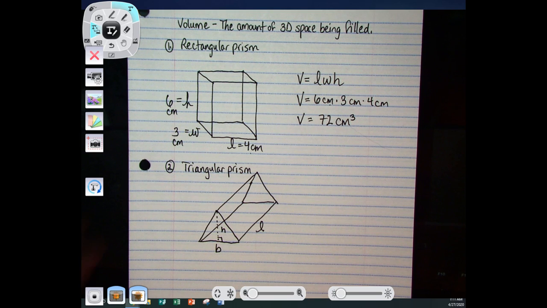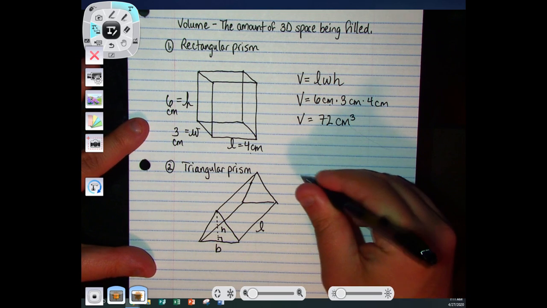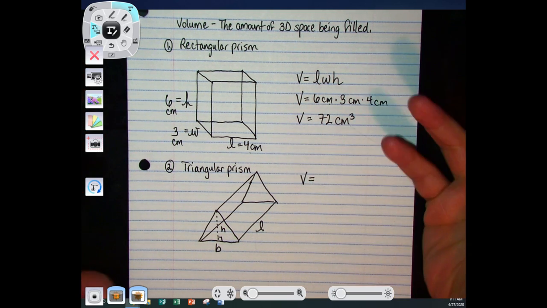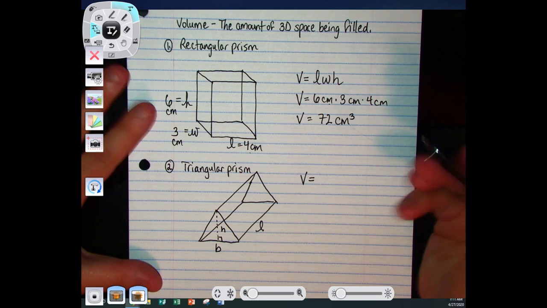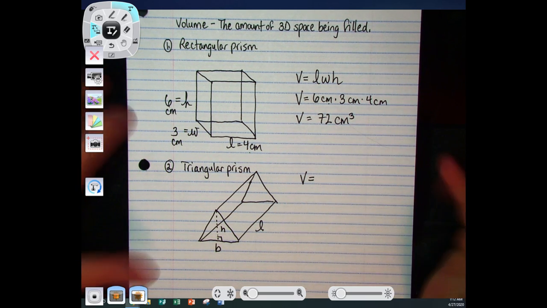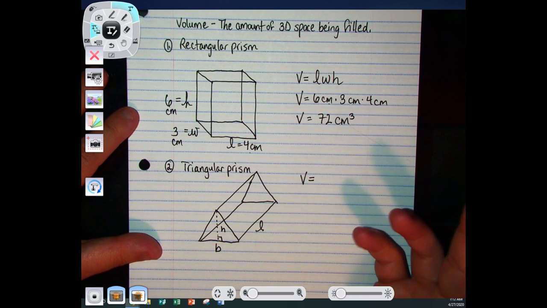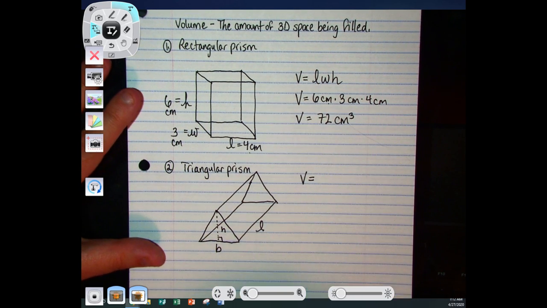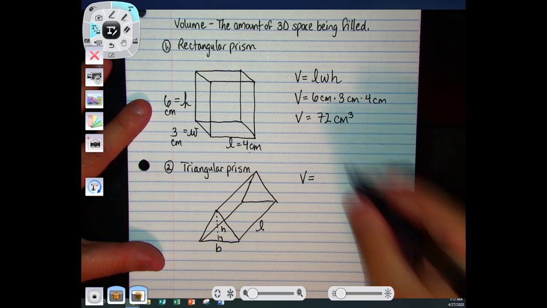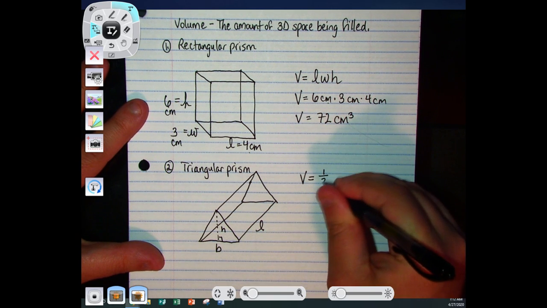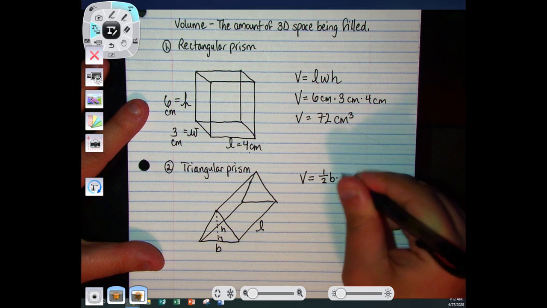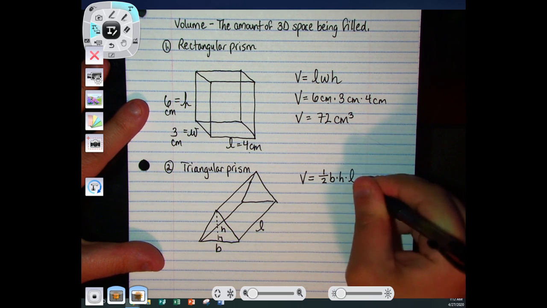So to find the volume of the triangular prism, you'll see this formula written a variety of different ways. Some will say find the area of the base and then multiply it by the length or the height or whatnot. But for me, I just like to be straightforward with the formula. So it'd be half the base times the height times the length.